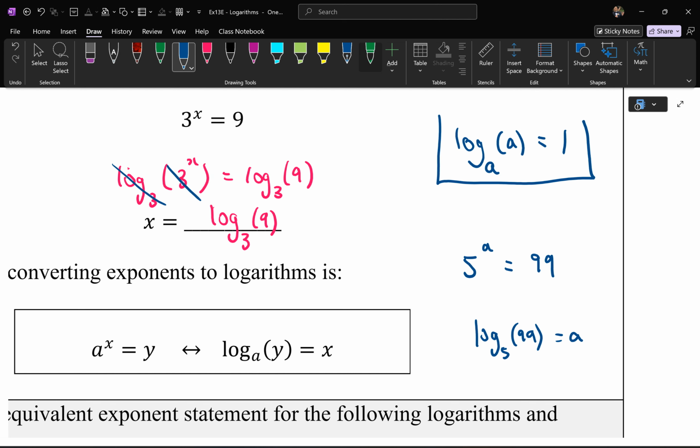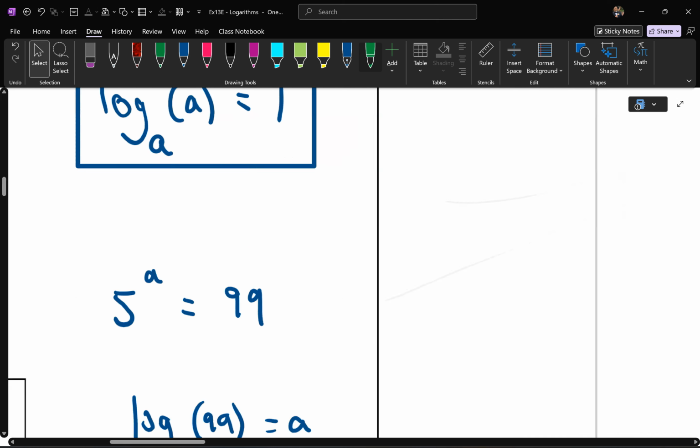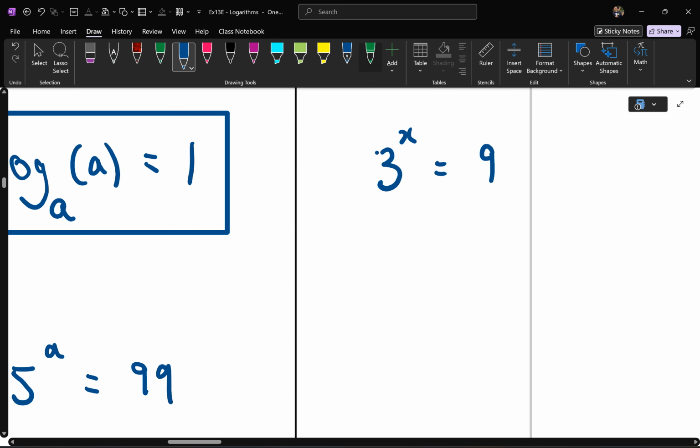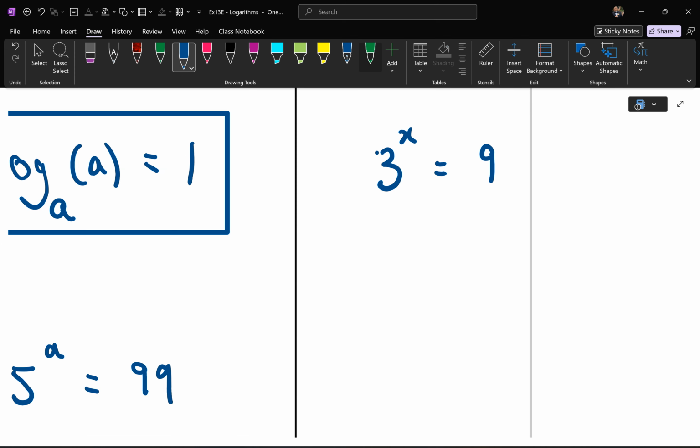If you read what it actually is, logarithms are to solve for the power. For example, if I said 3 to the power of what gives you 9, all of you know that's 2. But if I asked you to write it as a log version, log is to find the power. Exponentials were not finding the power; exponential was to find the value. So 3 to the power of 2 is 9.